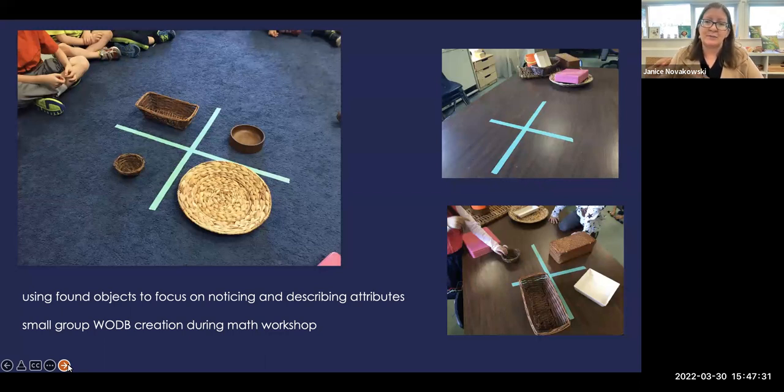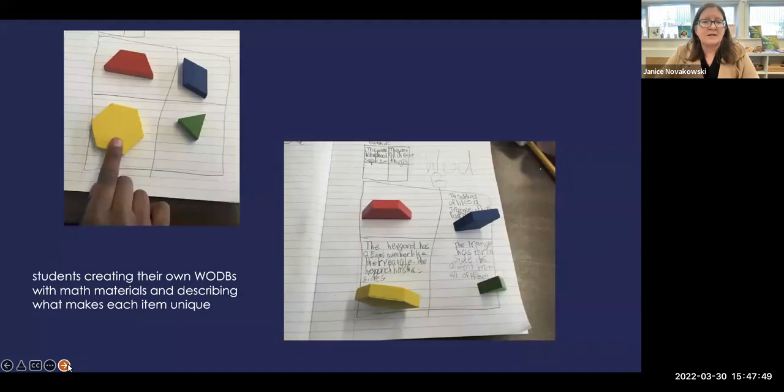And then during math workshop, when students continued to work and think about different ideas around shape and attributes, we just put tape on some of the tables and students found different objects and set up a WODB and then had those conversations with their classmates. And then this was in a grade 2-3 class over at Woodward, and we did a couple WODBs around shapes together projected on the screen.